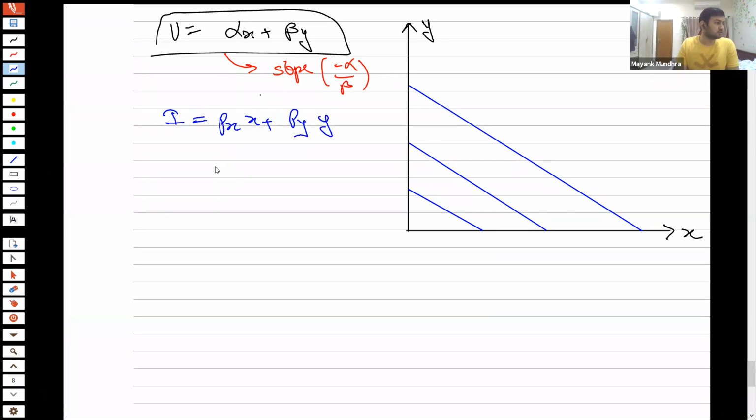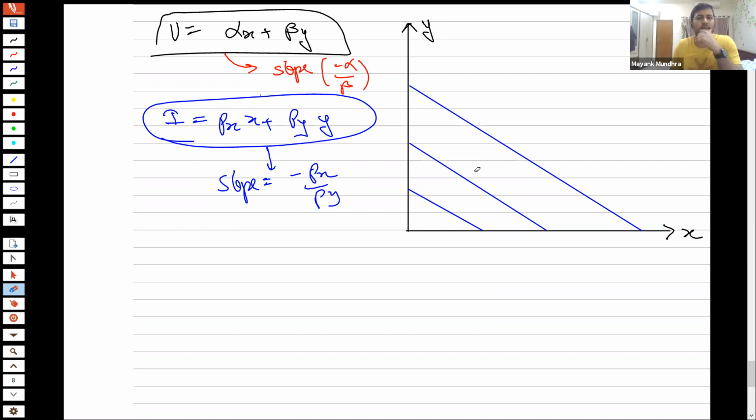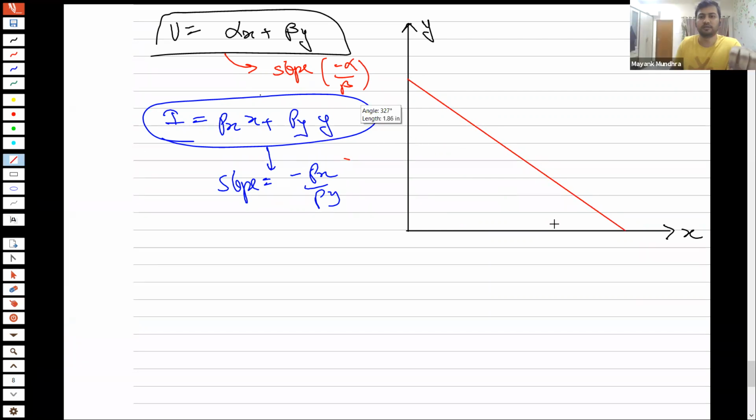So let me ask this question to who's not answered. Everybody's answered. So yeah, Vinay, what will be the slope of this thing? Minus Px by Py. Yeah. Actually, I should have drawn this thing in red. Let me change it. So these are your ICs in red with slope minus alpha by beta.